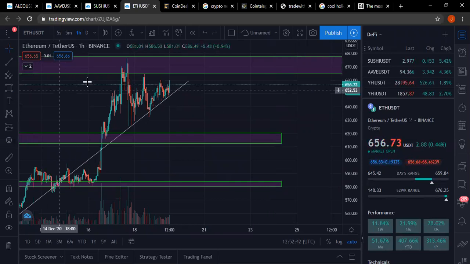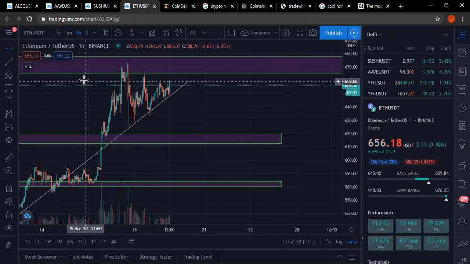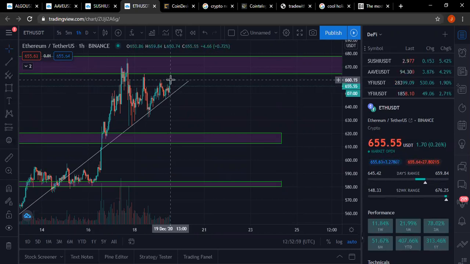Checking on these 4 hours, we can assume an area of resistance here, a very tiny area of resistance. Okay, we can assume one here. That's the more reason it got to this point. By the way, there is another one here. It got to this point and has rejected to this point.